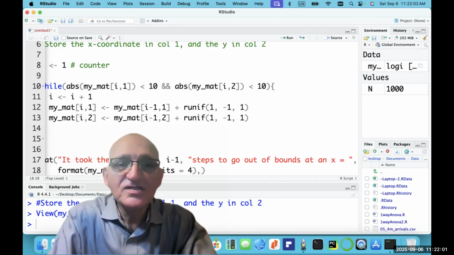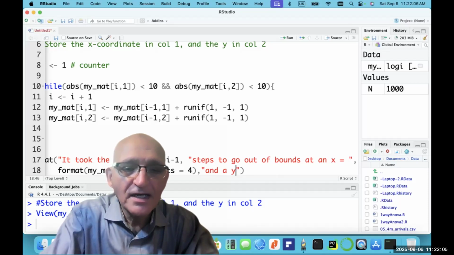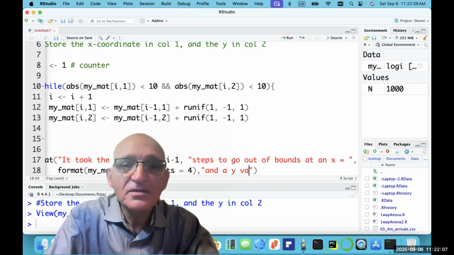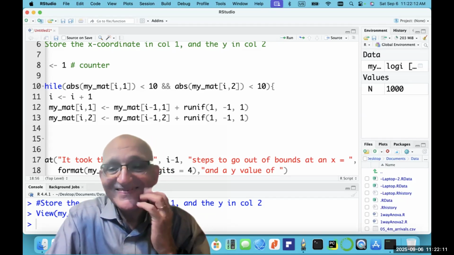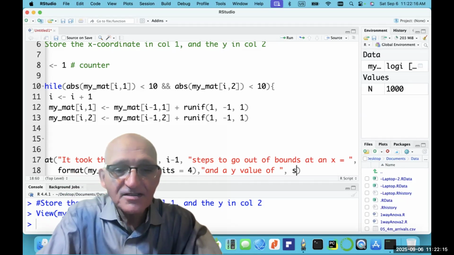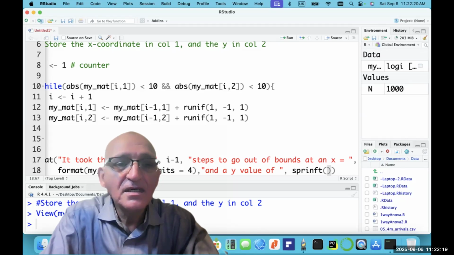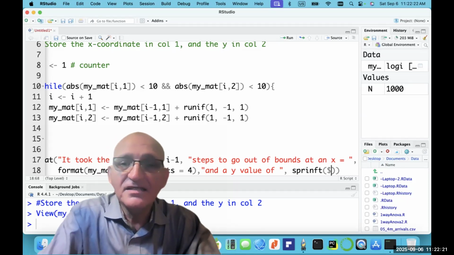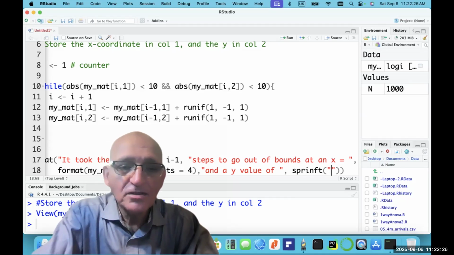And then I'm going to say, and a Y value of, and then I can say here, as sprintf, and then I enter the formatting I want.